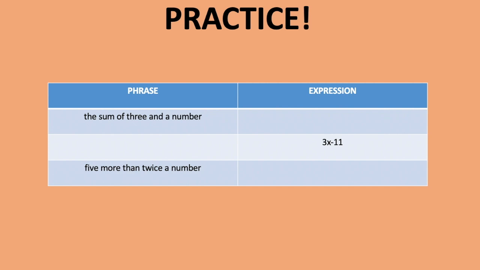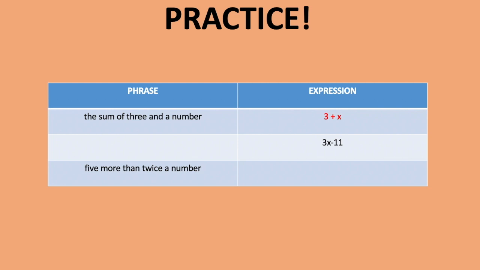And we're adding the number 3 and then a number, which is an unknown, and we would just put a variable or an x there. So we have addition of 3 and x, which when we write an expression would look like this, 3 plus x.